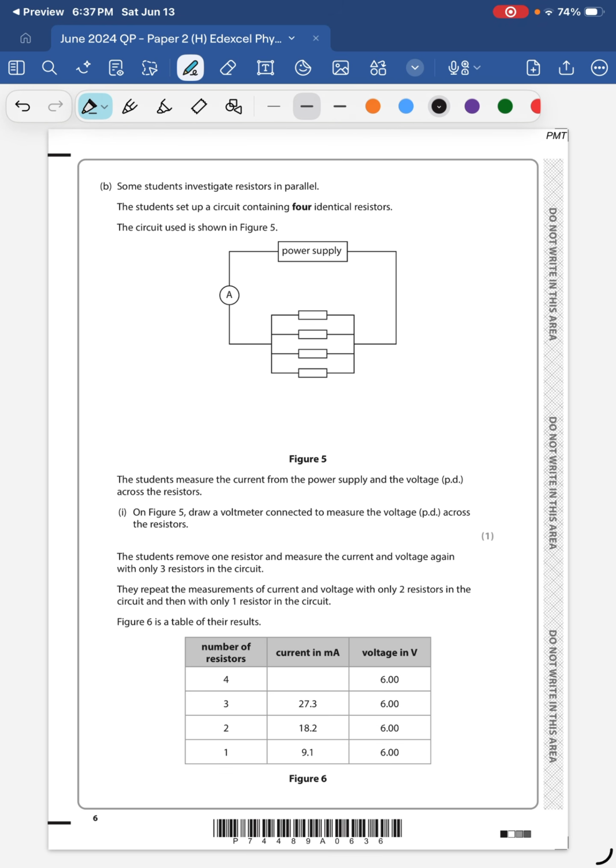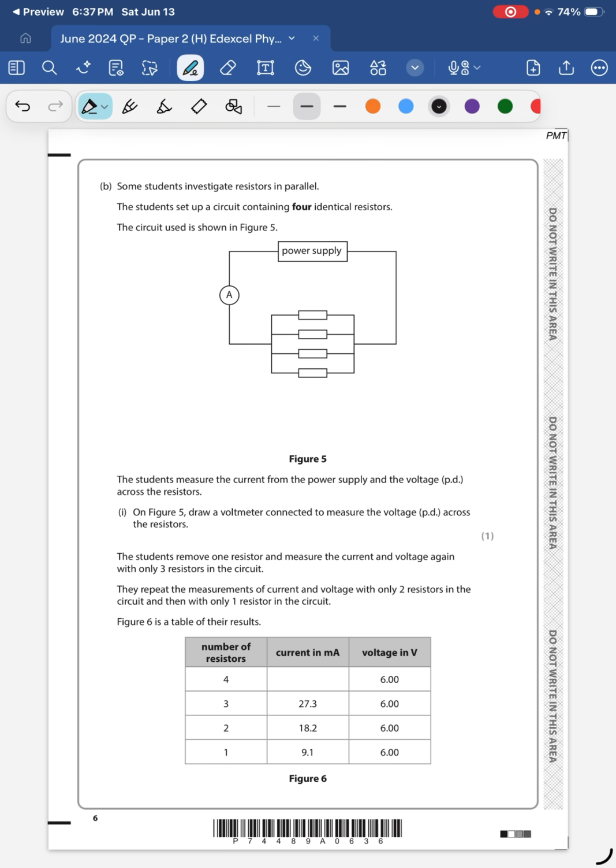Question 3. Some students investigate resistors in parallel. The students set up a circuit containing four identical resistors. The circuit used is shown in figure 5. The students measure the current from the power supply and the voltage PD across the resistors.